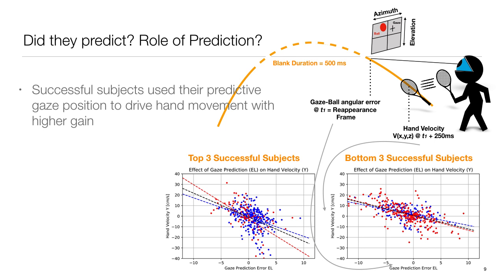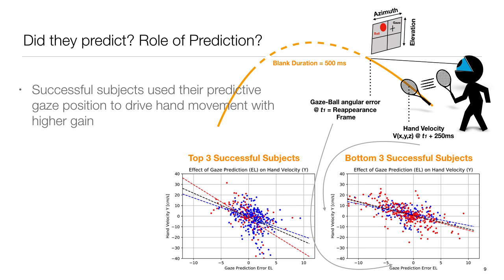So if we take a snapshot of the subject's gaze-ball angle at the reappearing frame, as you can see in the figure, and present this vertical gaze-ball angle on the x-axis, and we also take a snapshot of their hand velocity in the vertical direction 250 milliseconds after the reappearance, so that we allow the information to be processed and lead to a motor command, we can see that there's a linear relationship between how far their gaze was located from the ball at the reappearance, and also how fast they updated their hand velocity in the vertical direction.